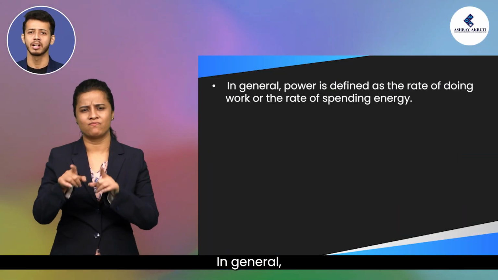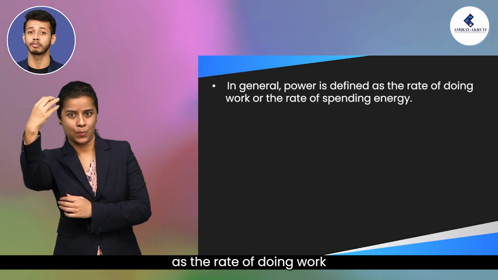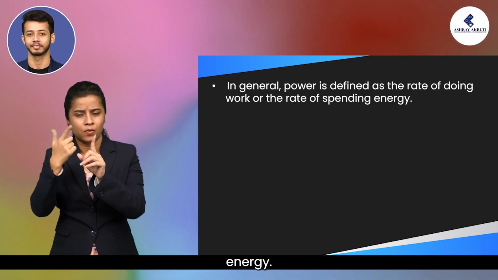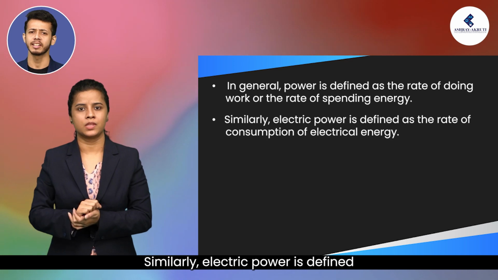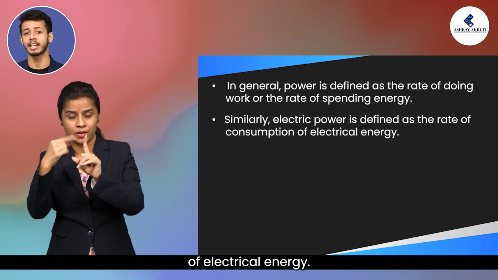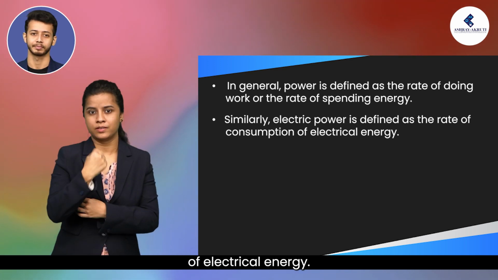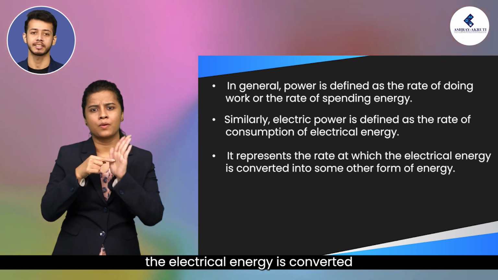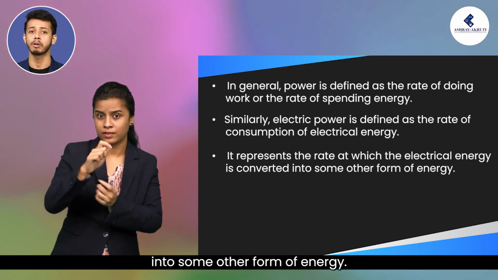In general, power is defined as the rate of doing work or the rate of spending energy. Similarly, electric power is defined as the rate of consumption of electrical energy. It represents the rate at which the electrical energy is converted into some other form of energy.